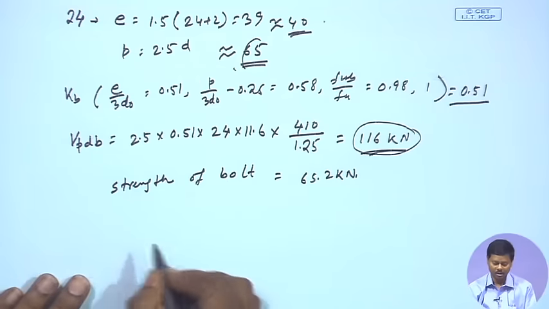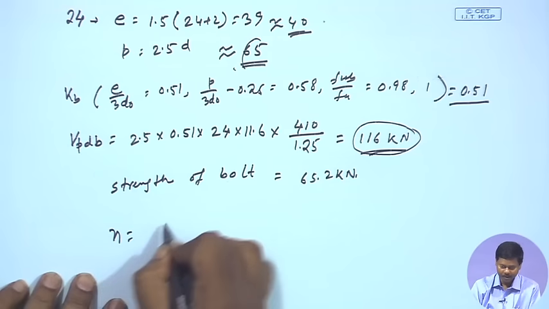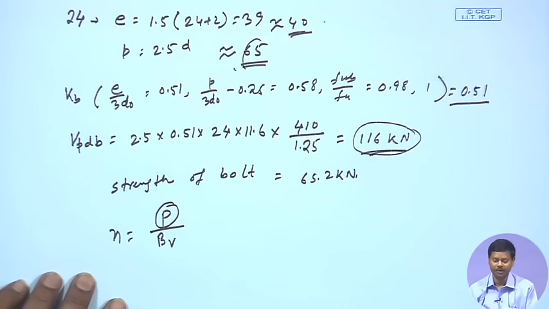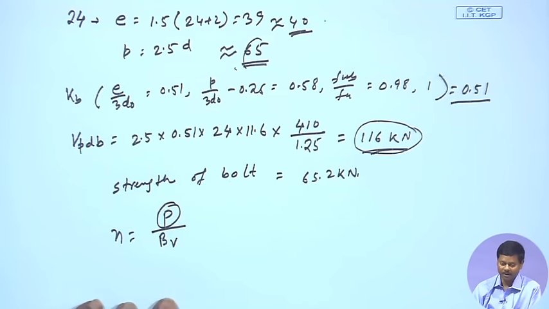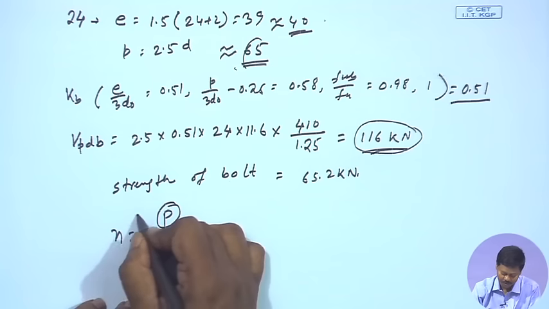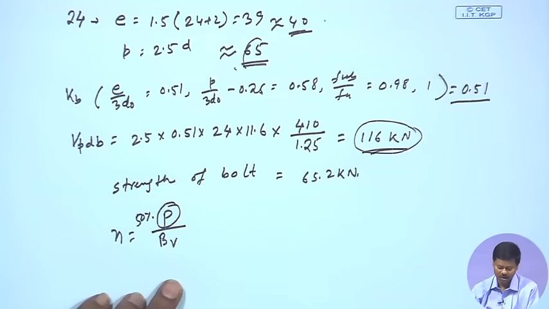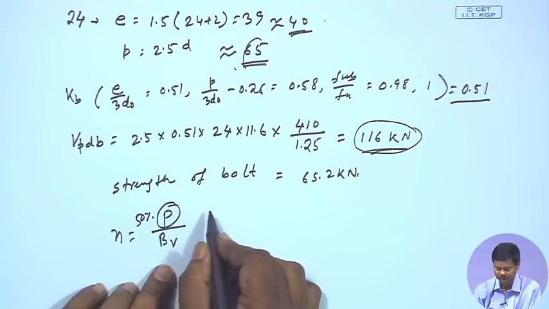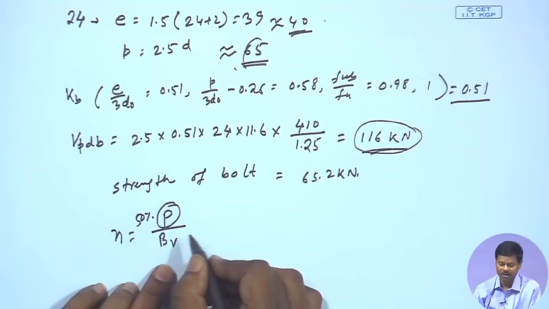So, once we know the strength of bolt, we can find out the number of bolts. Number of bolts will be P by bolt value. Now, what is this P? We can assume the column end and gusset material to have complete bearing. If we assume complete bearing, then 50% of P will be transferred through bearing and 50% will be transferred through bolt connection to the gusset plate and to the base plate, right.